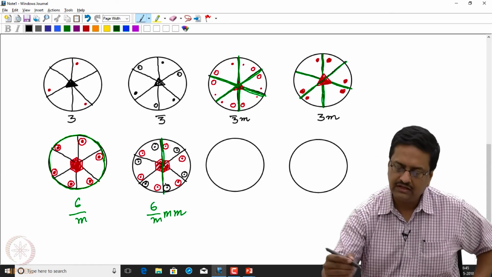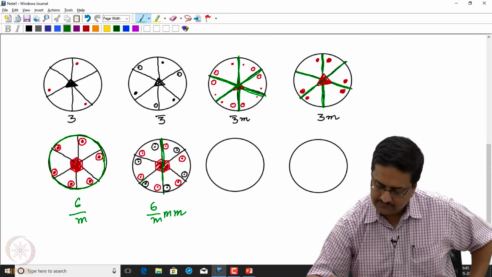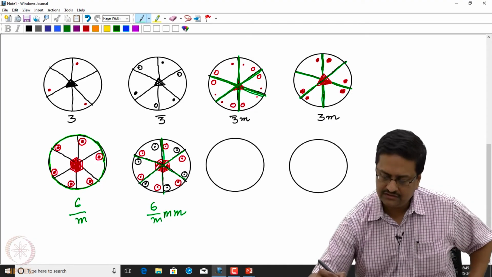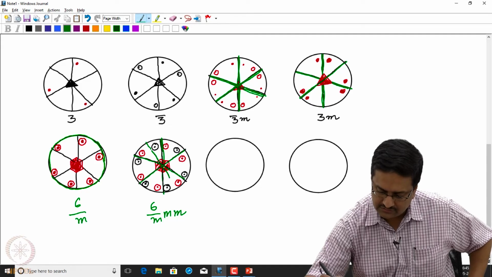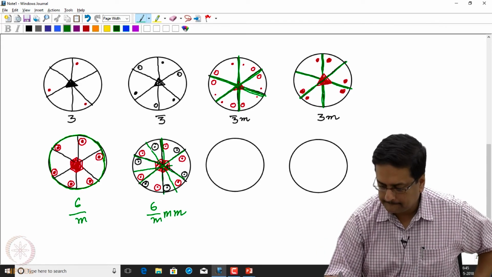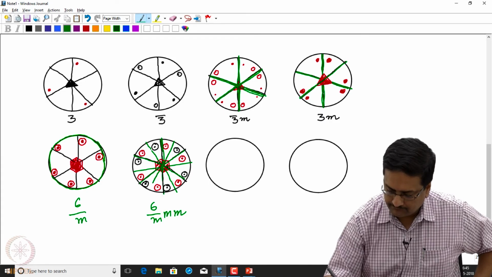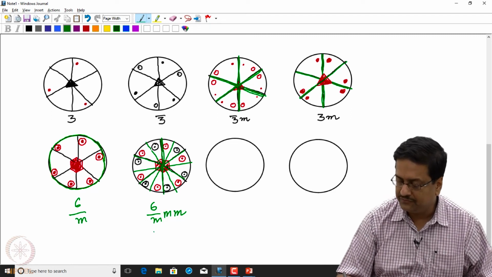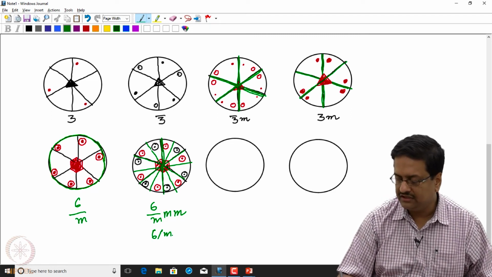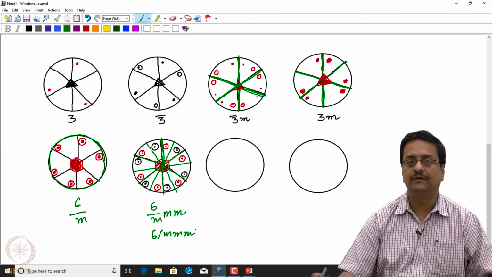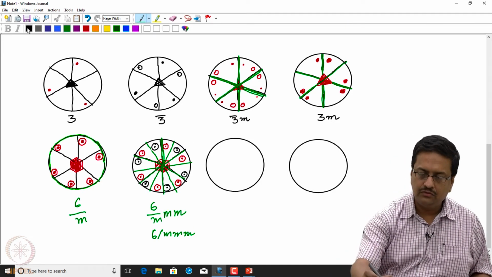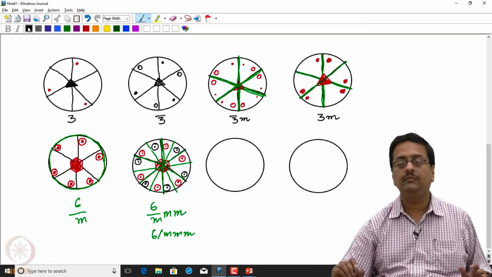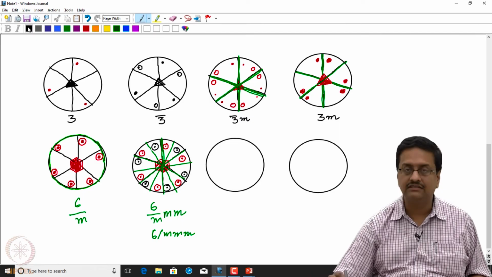So as a result, it has generated the other mirrors as well, and you can see there is a mirror in between. So this is the representation of 6 by mm, which in textbooks you will see written as 6/mmm.